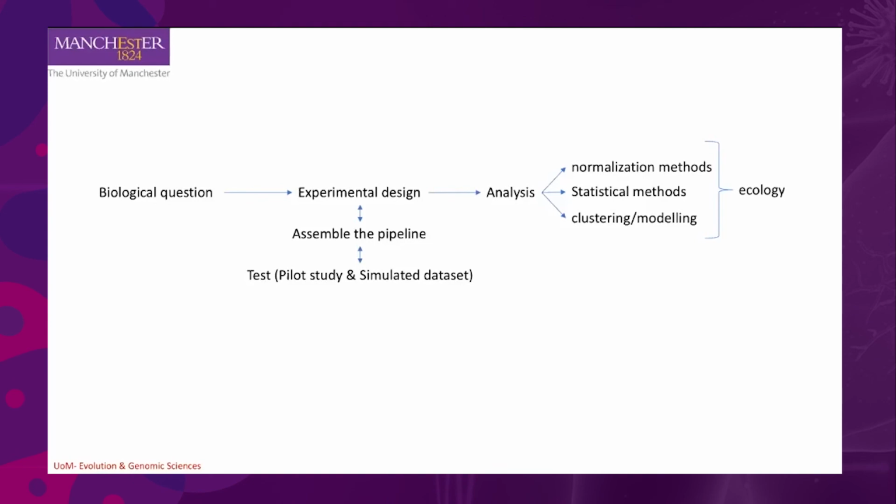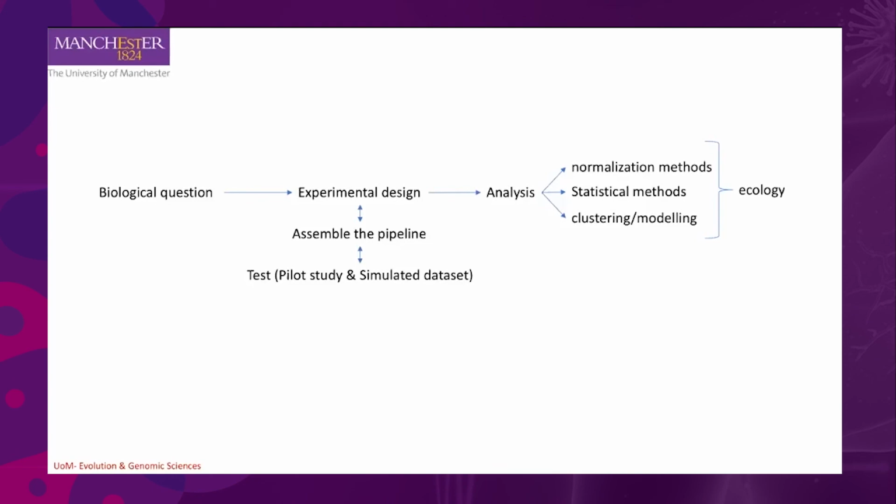And based on that, someone moves forward and designs the experimental pipeline, and this can be an assembly of already published tools. Then test the whole pipeline from sampling to the statistical testing on a pilot study or in a simulated data set, specifically for the annotation algorithms and the assembly algorithms.